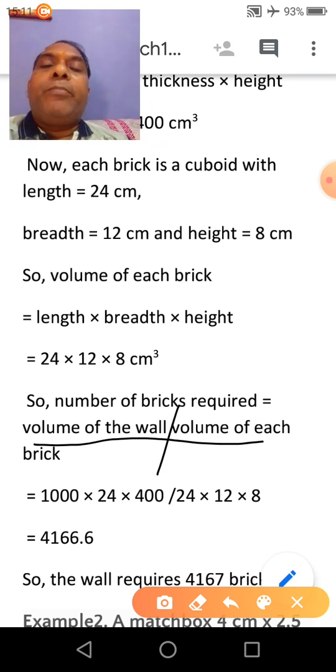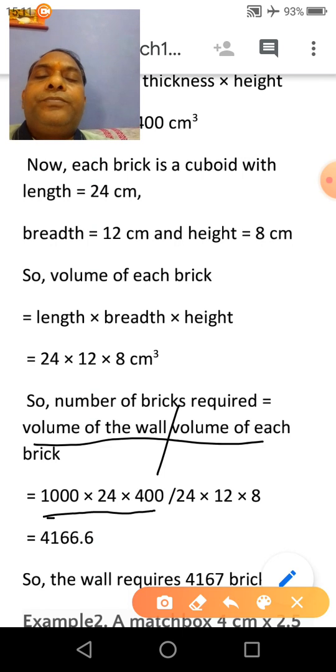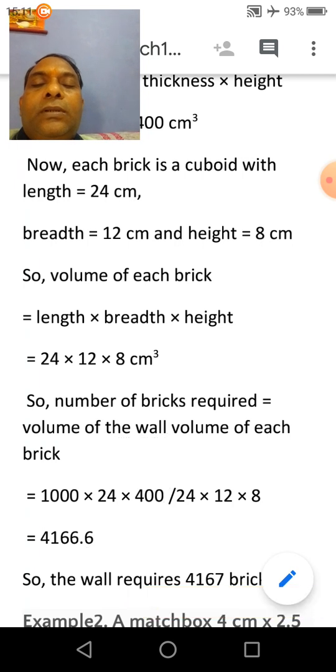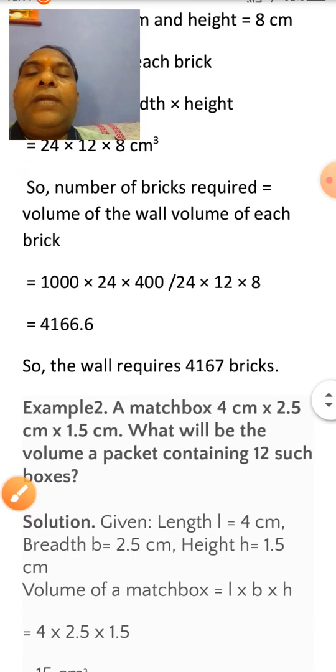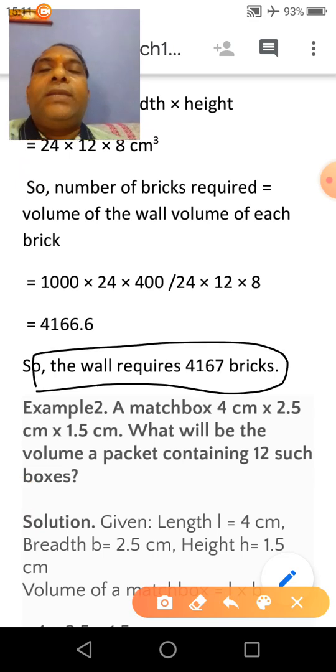Volume of wall is 1000 into 24 into 400, and volume of one brick is 24 into 12 into 8. So now calculate this. Then you have the wall requires 4167 bricks. 4167 is the answer.